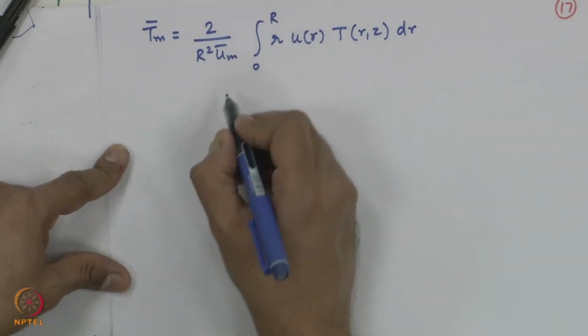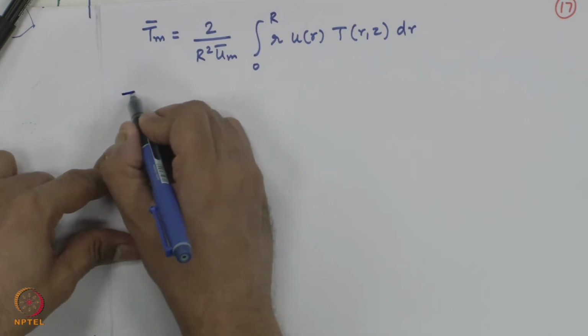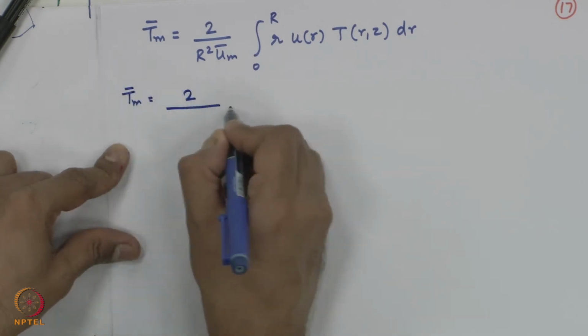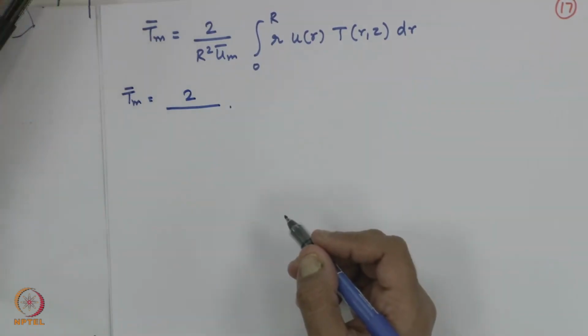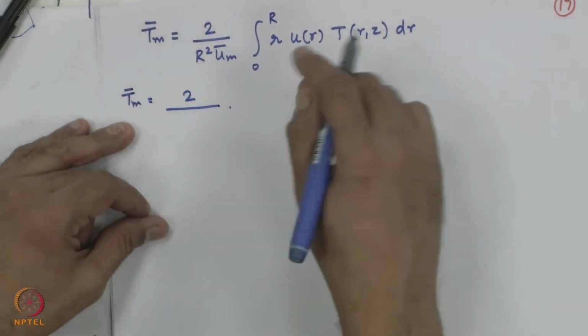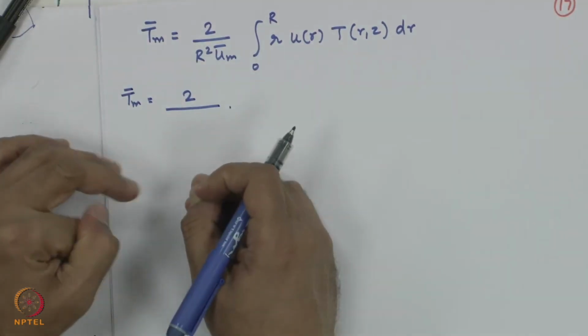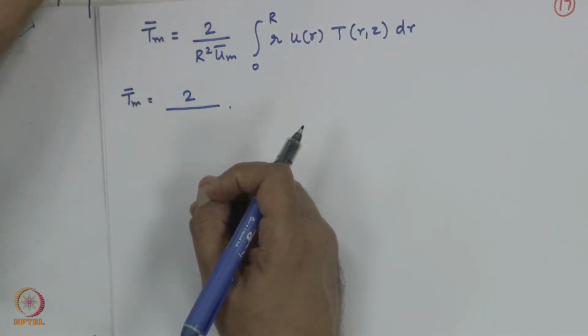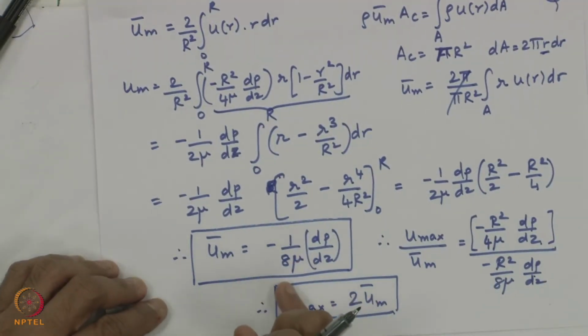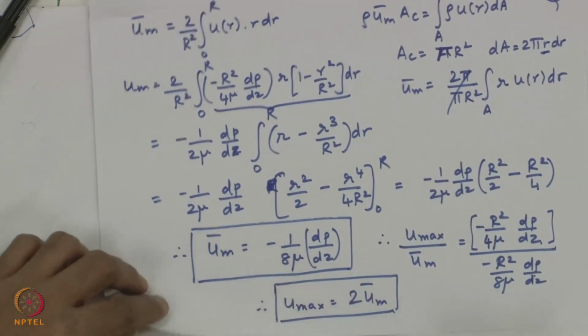So, T bulk mean therefore comes out to be 2 over R squared bulk mean velocity. What is bulk mean velocity? You have an expression for the bulk mean velocity in terms of the pressure gradient, etc. So, this is the bulk mean velocity, 1 by 8 mu dp by dz.